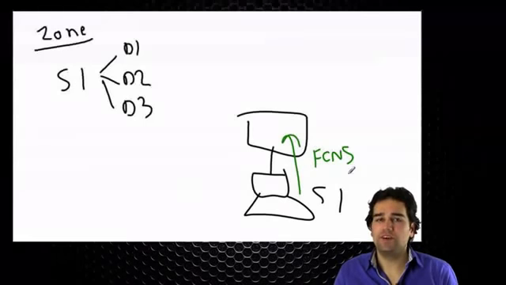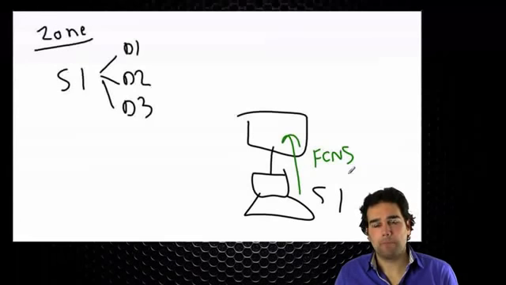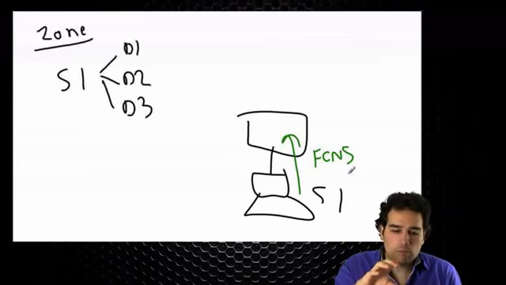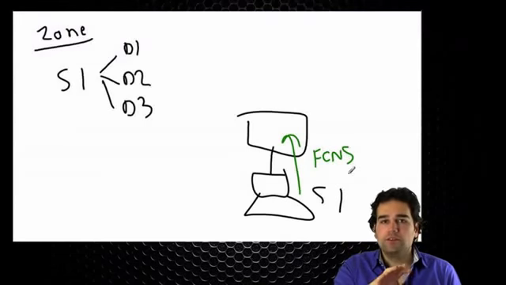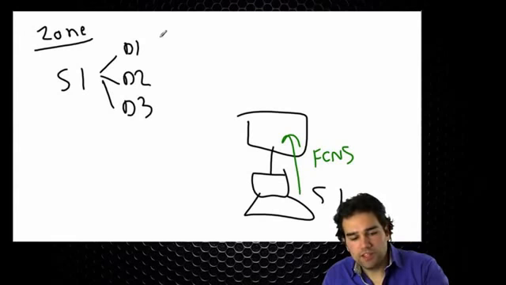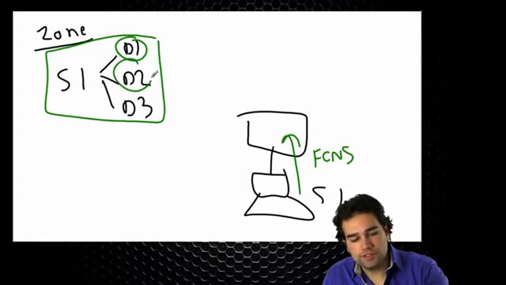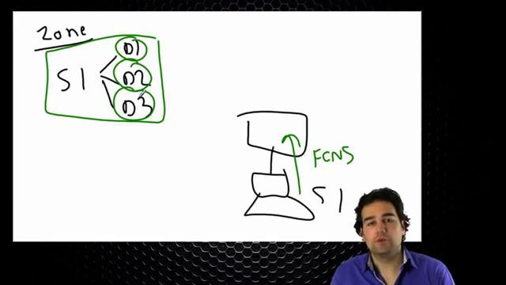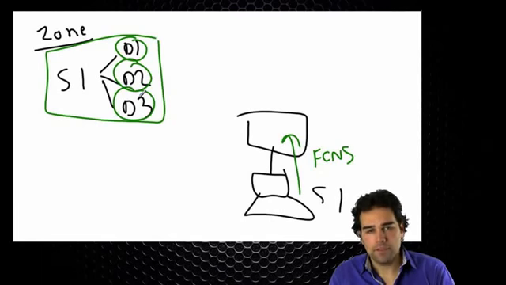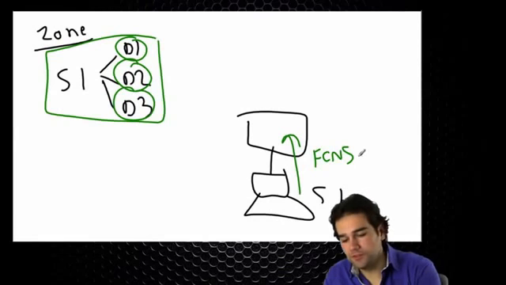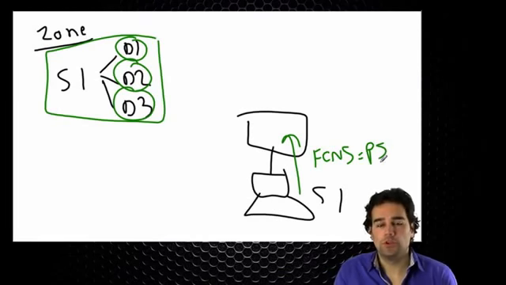Give me a list of devices that I can access. And by use of the zoning database, that reply will say, hey, you server 1, you have access to disk 1, disk 2, and disk 3 because of the zoning configuration. That is the reply that the fiber channel name server, so the principal switch, will give.